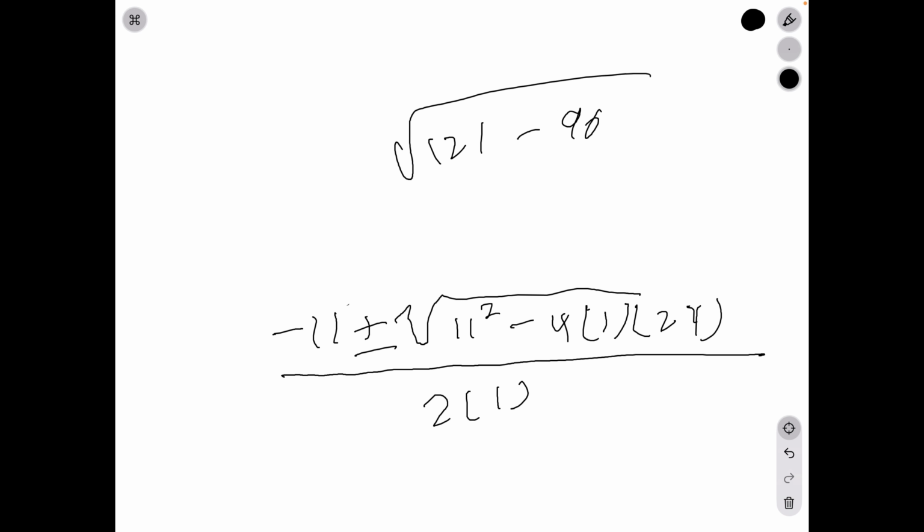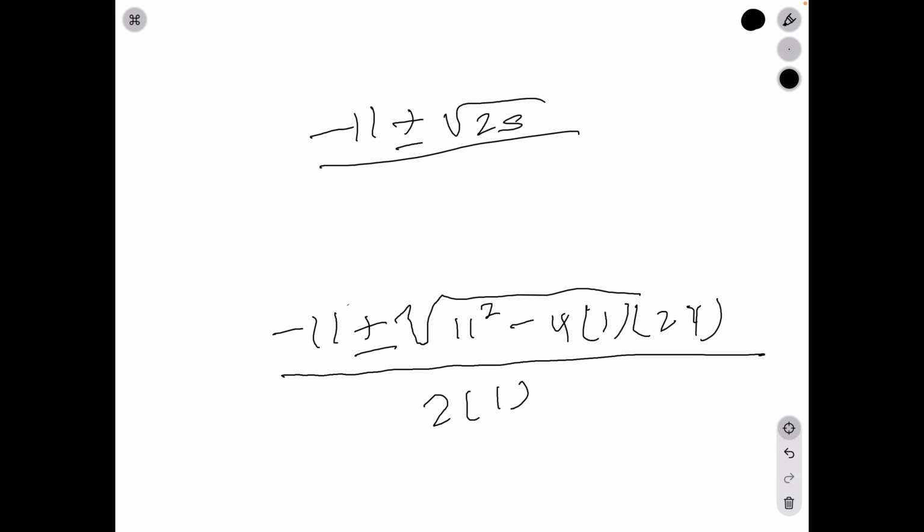Now this is equal to 25, so we can simplify this to the square root of 25. So now we have negative 11 plus or minus the square root of 25 over 2.